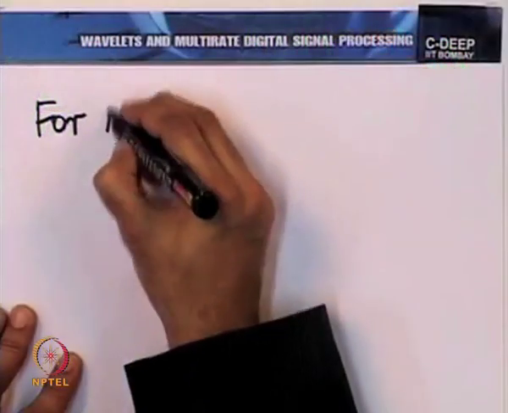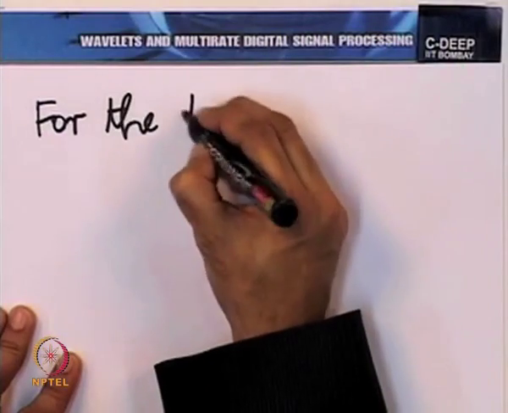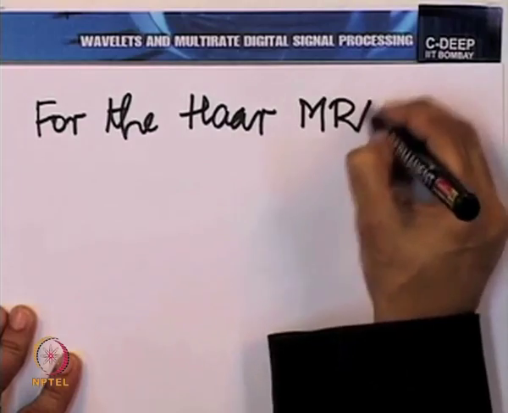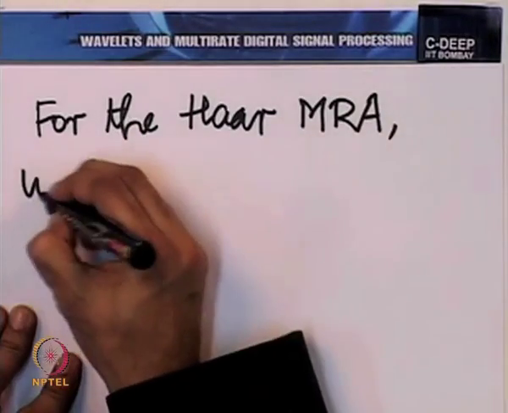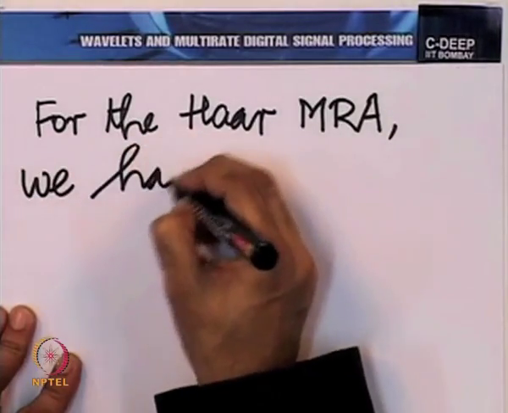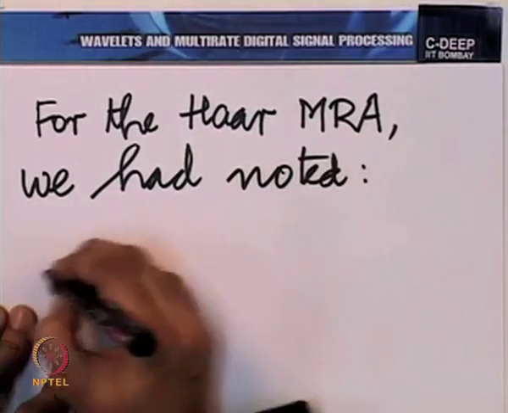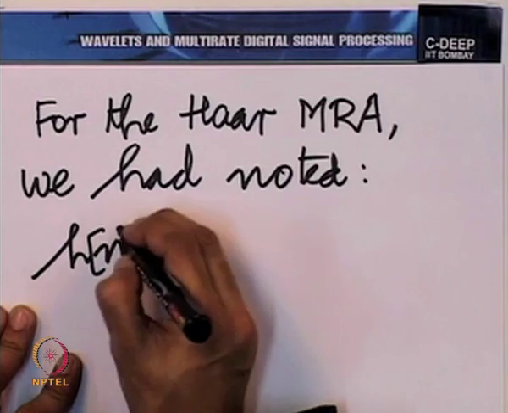Now, in particular for the Haar MRA, we had noted h[n] is this sequence.